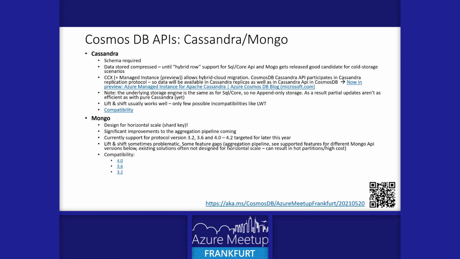But Cassandra is also a NoSQL database. Differently than CosmosDB, in Cassandra you have to define a schema upfront, which means there are some optimizations you can take into account, especially when you store the documents, because you know the schema already. Imagine you have a JSON document with 100 different properties.